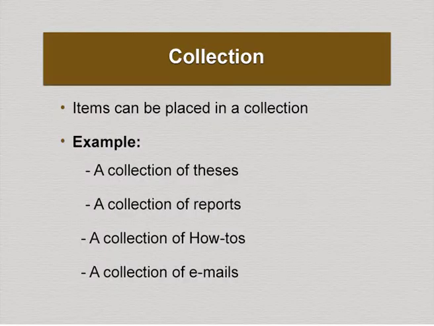Now mostly item is a generic word to include anything. Now, a collection. Items can be placed in a collection. For example, collection of thesis, collection of reports, collection of how-tos, collection of emails, collection of preprints or postprints or photographs. So many things can be.